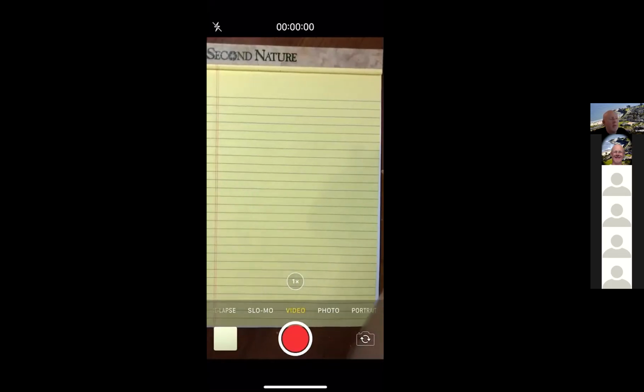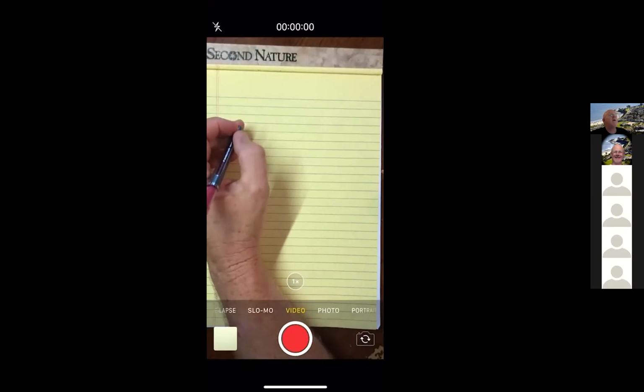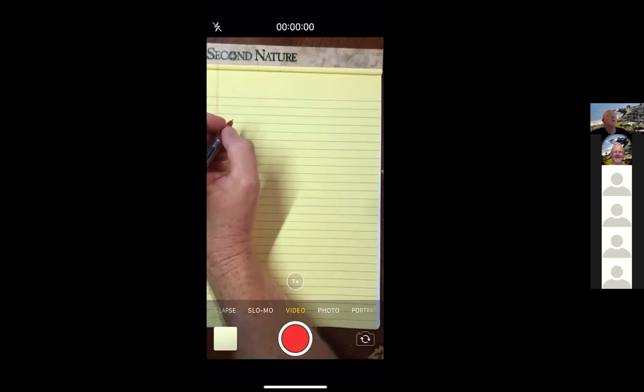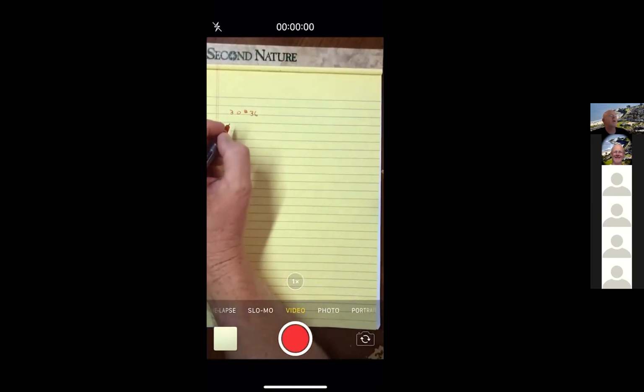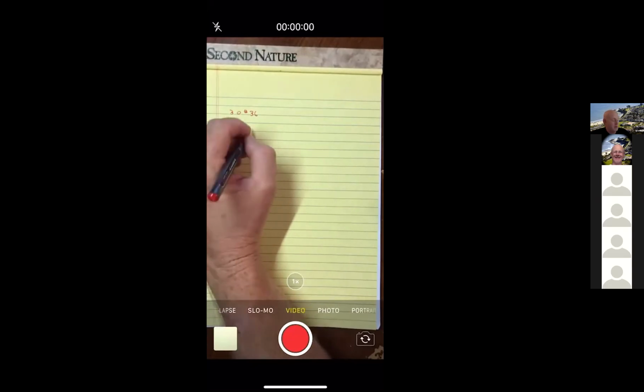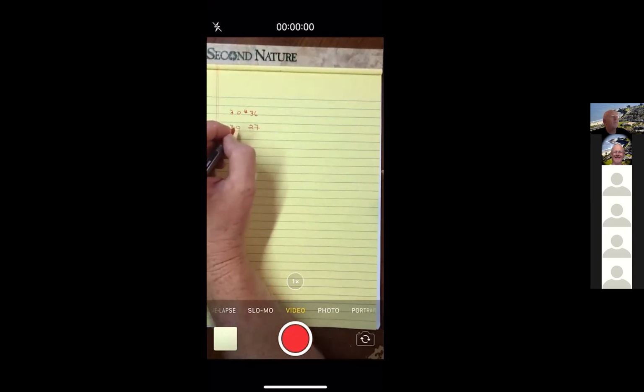I wanted to do that one before we went to a break, but why don't we do our break now? And I will even write down Taylor. Looks like he's gone. He's got number 36 from chapter 30. Here's a 27 from chapter 30.